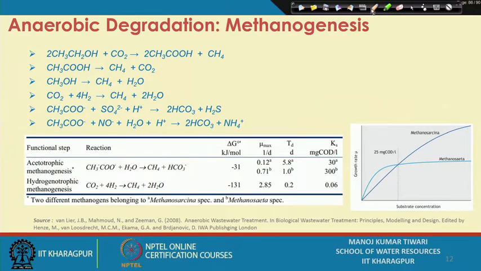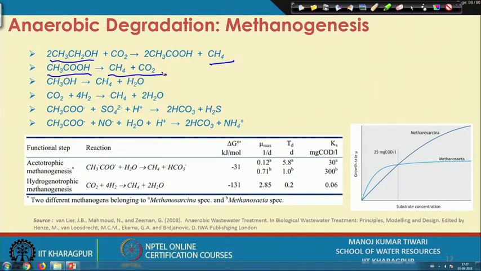Now, looking at the methanogenesis aspect, methane formation could take place in various ways. Propionate and butyrate can also lead to methane formation. The acetate converts to methane and carbon dioxide. The alcohol can also convert to carbon dioxide, methane and H2O.